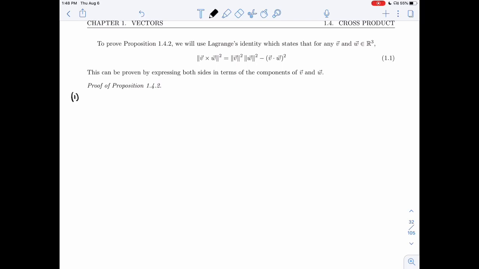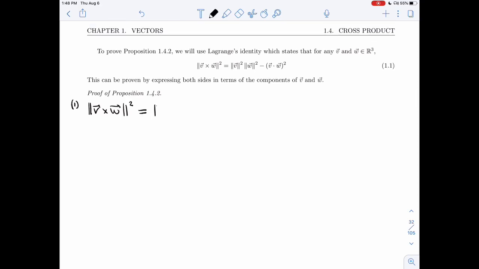All right, so first part, we want to look at the length of v cross w squared, and we want to get at the length of v, length of w, sine theta. So let's start with this Lagrange identity. So this is identity 1.1 that I'm using. Now I'm going to use what we know about the dot product.